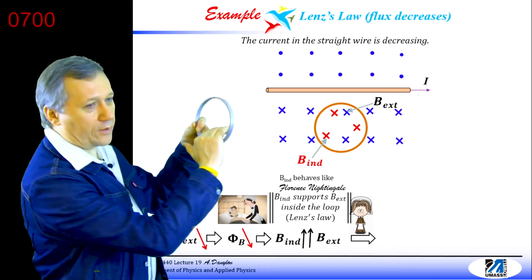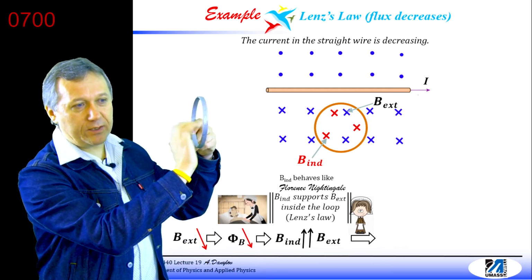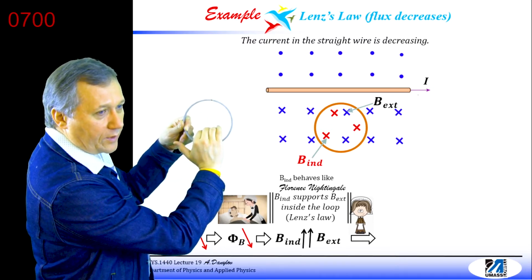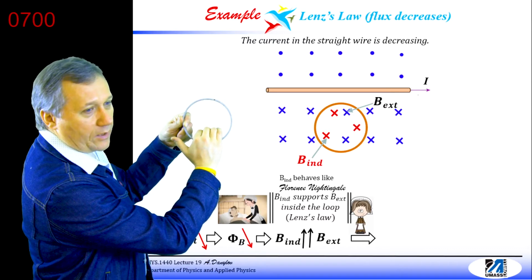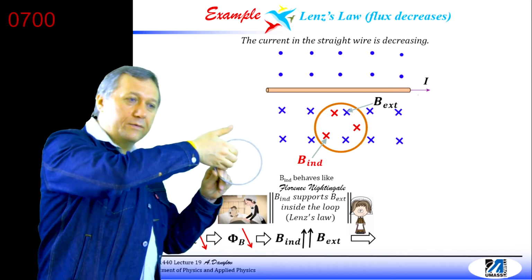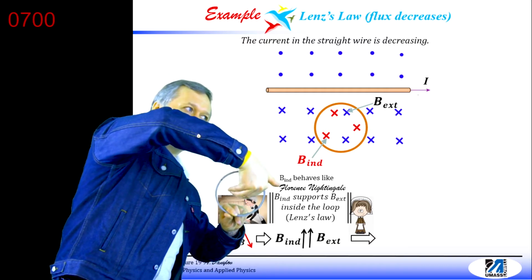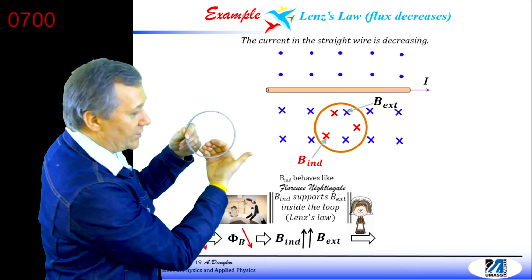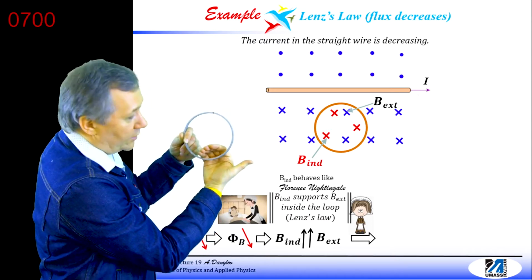So that within the loop, you see my fingers into this screen, into the board, because that's the direction of the induced magnetic field. And then you see my outstretched thumb gives me the direction of the induced current. Because if I position my hand like this, that's the other option. It's wrong.